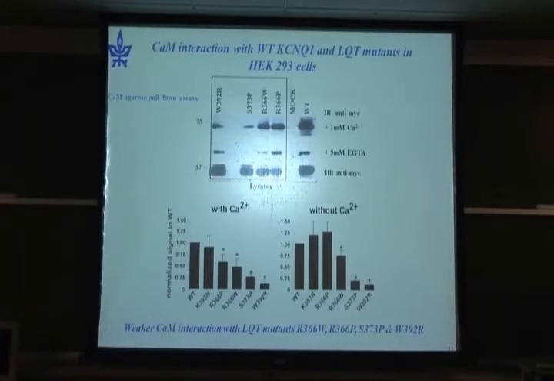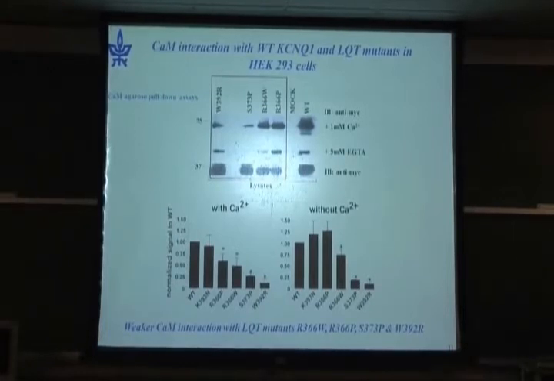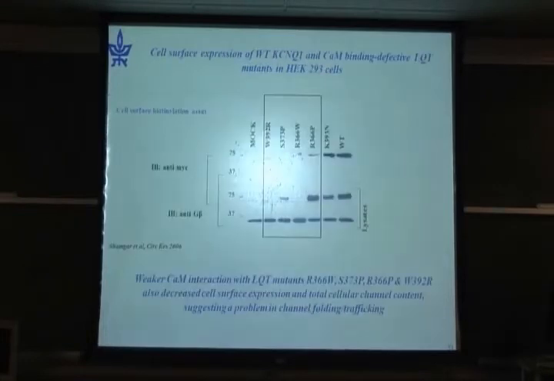If you compare with the wild type, you can see in this pull-down that all of these mutants, and we also compared a very mild polymorphism, the long QT mutants bound calmodulin much more weakly. We have a much weaker binding of calmodulin to these long QT mutants located in this region of helix A. And these are the statistical data, and we have a weaker binding of calmodulin, either in the presence or in the absence of calcium.